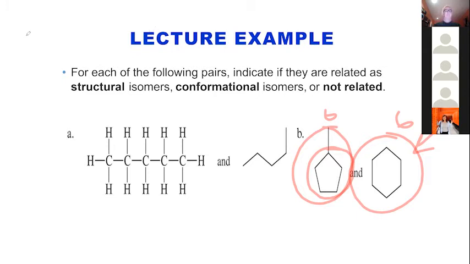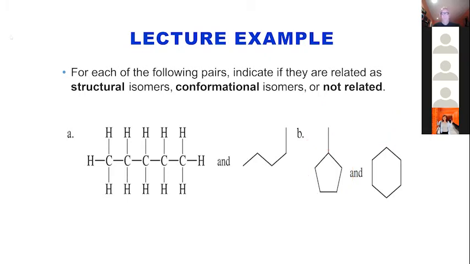So structural just means structurally they're different, and then conformational is just a different shape, just bent in a different way. Yep. And basically, another good way to look at it is if you were to name them, would they have different names?